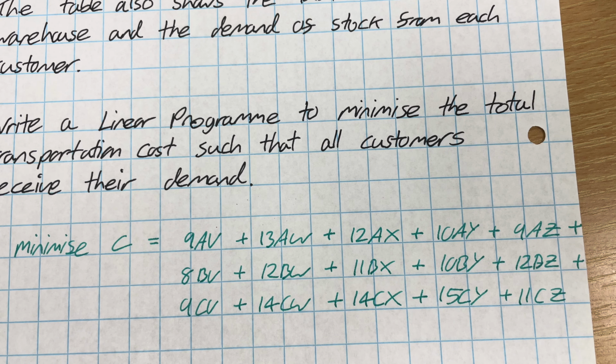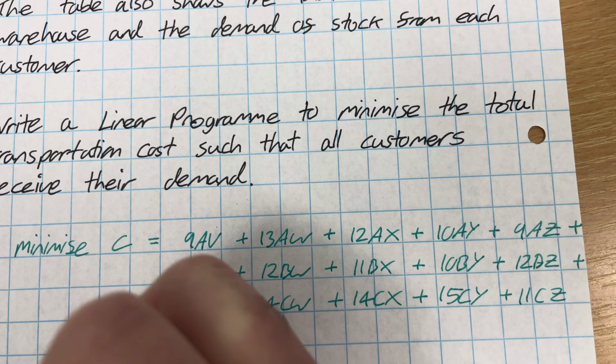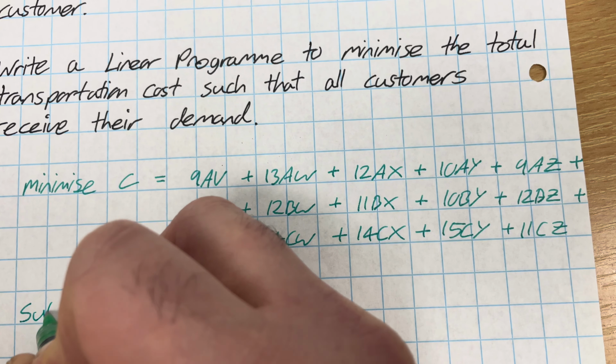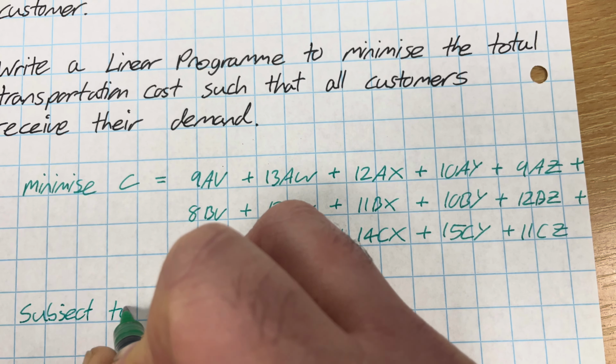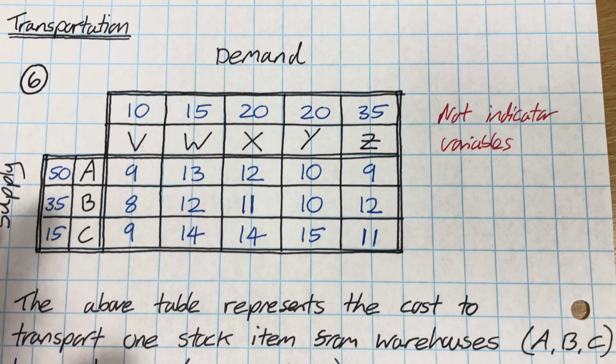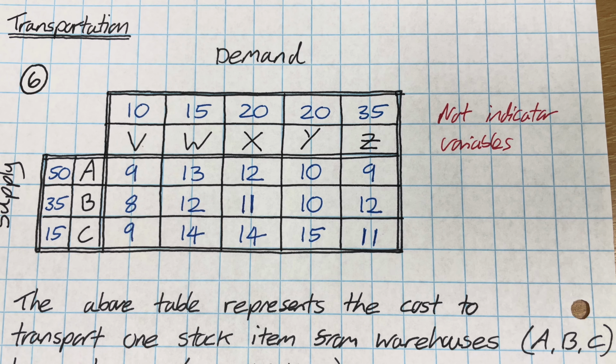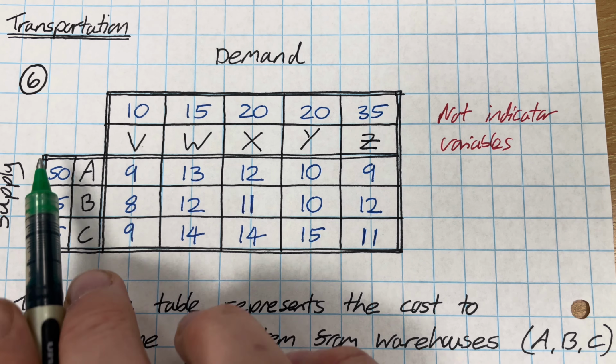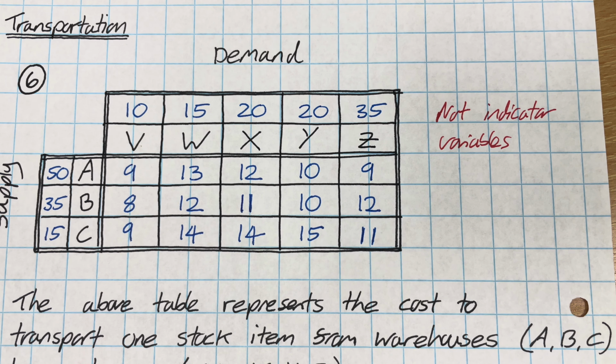Okay, now I need to factor in my constraints, so I'm going to put subject to. Now, at warehouse A, I have 50 units of stock, and that needs to be sent out. All of it needs to be sent out because all of the supply equals all of the demand.